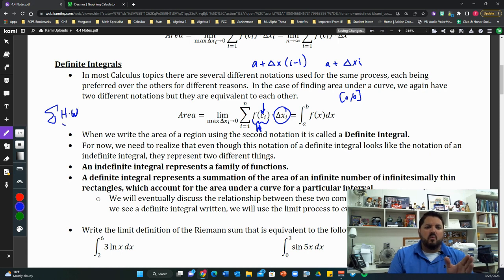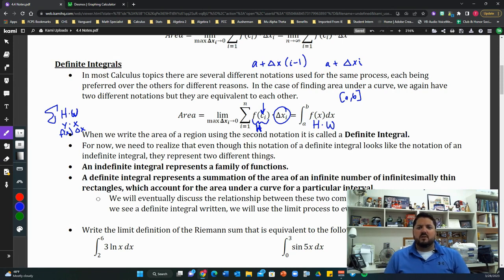The heights come from y values, the widths come from x values, or f of x and some change in x. That is directly going to show up in these definite integrals. We still have f of x, which represents our heights, and that dx quantity represents our width. So that is the idea behind a definite integral.